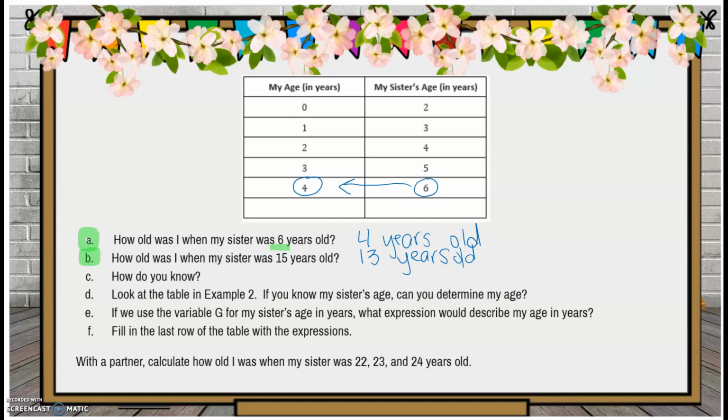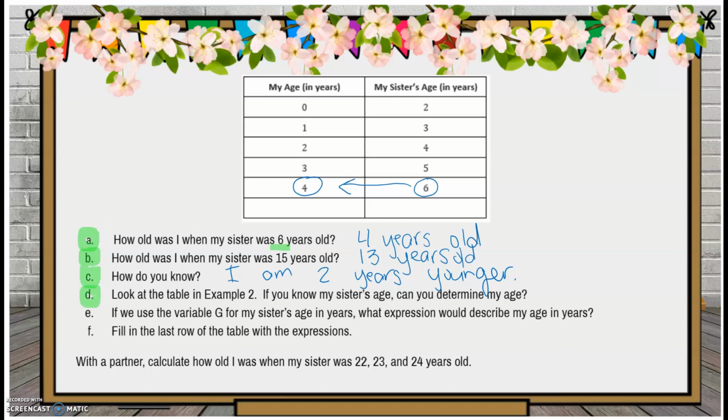Because whatever my sister's age is, I'm going to take that number and subtract 2 to find my age. So I know because I am 2 years younger than my sister. So that was question C.